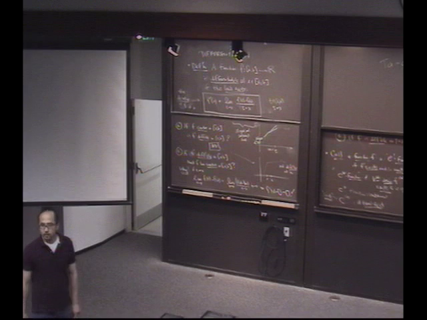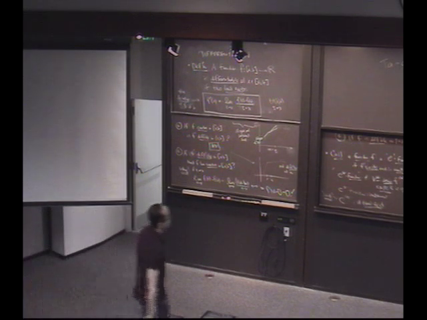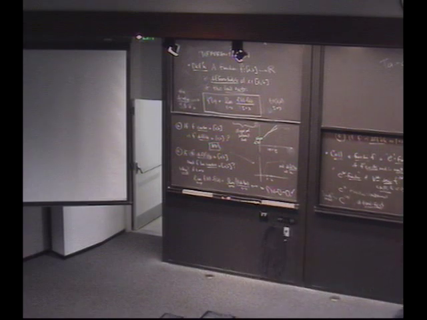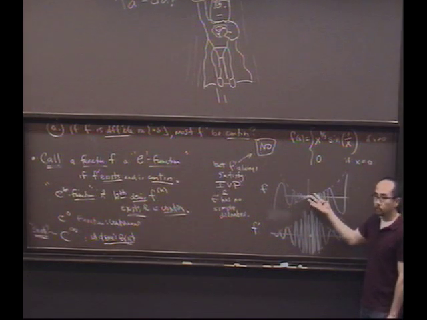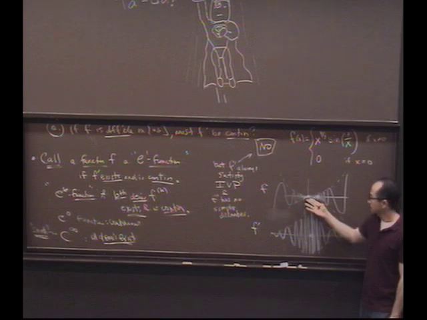C0 just means continuous. This function is C0 because it is continuous. It's not C1. It is C0, but it's a little more than just C0, but it certainly is still C0.